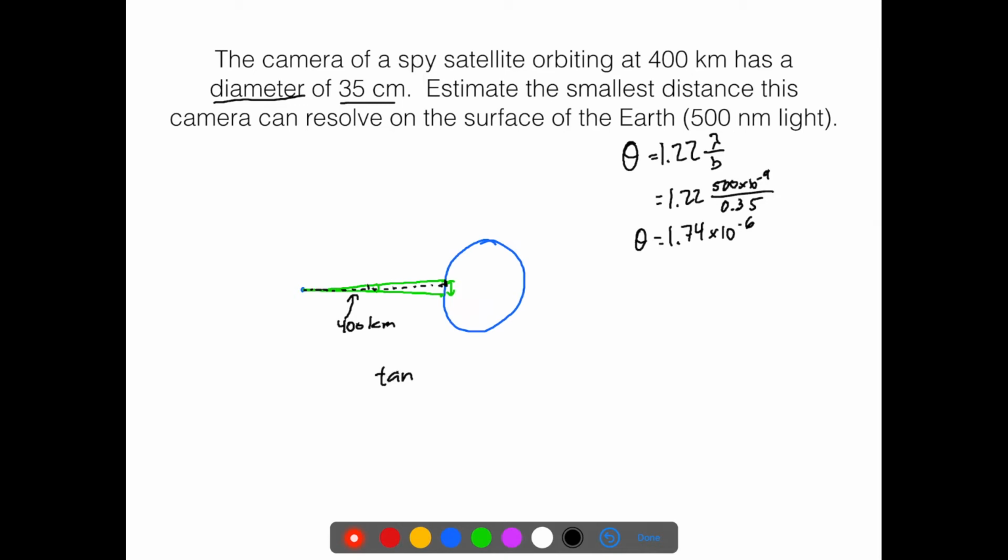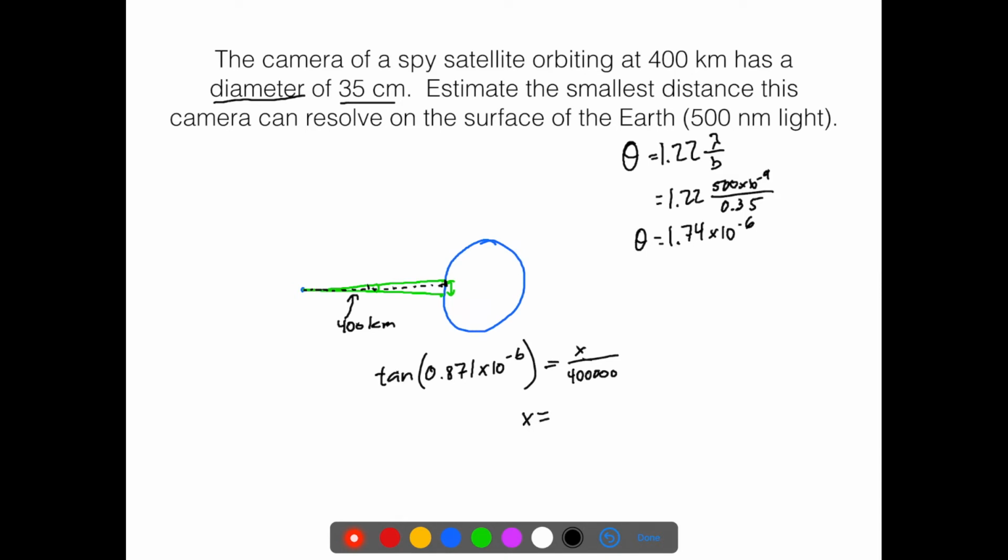And then we've got the adjacent side here. So tangent of, when I divide that in half, I get 0.871 times 10 to the negative 6th equals the adjacent over the hypotenuse, which is 400 kilometers or 400,000 meters.